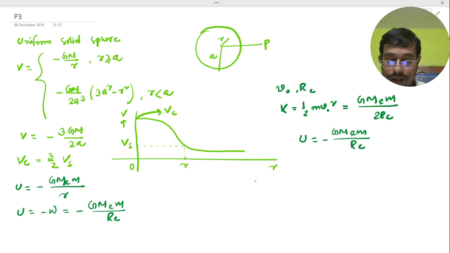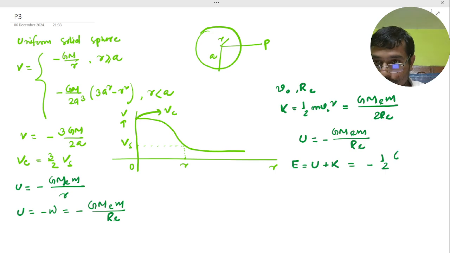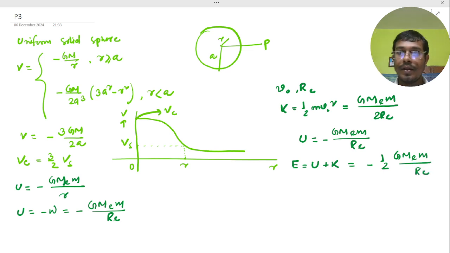The total energy E would be the kinetic energy plus the potential energy, so minus half G Me m by R. So we have found the energy of the satellite: kinetic, potential and total. Another one is the escape velocity.